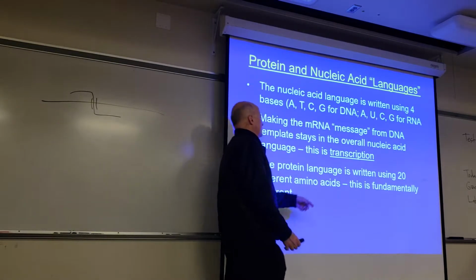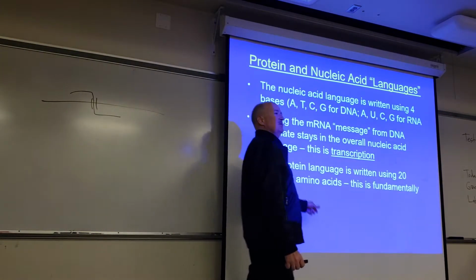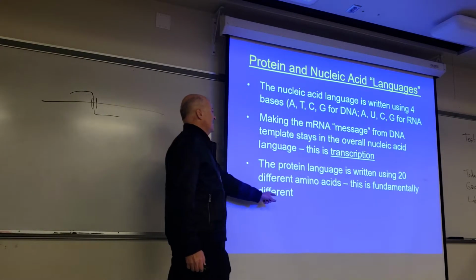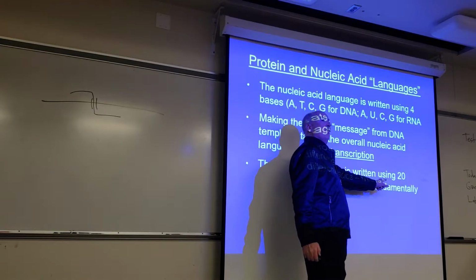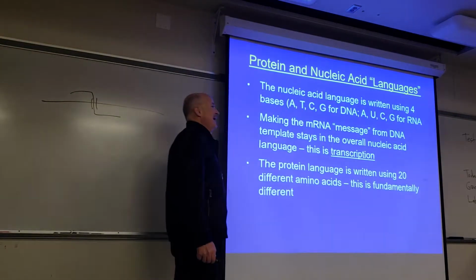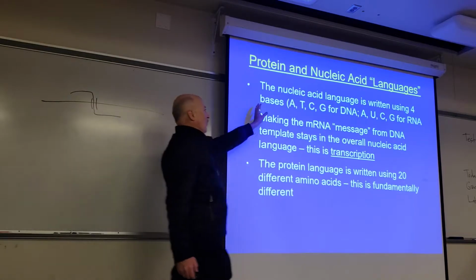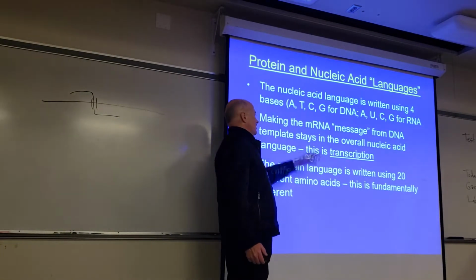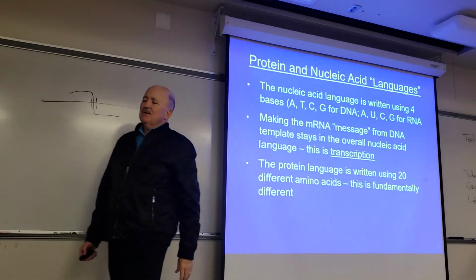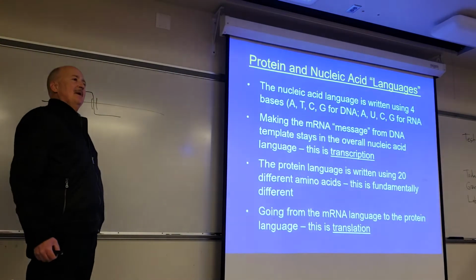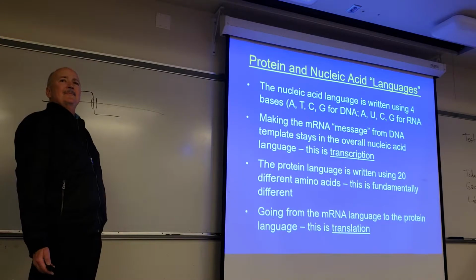And that's what happens when we go to the protein language, the amino acid language, because that is taking us to a language using 20 different amino acids. And so it's a fundamental change going from 4 nucleotides to 20 different amino acids. And that is the translation. It's harder, it's more complicated, as we will see.